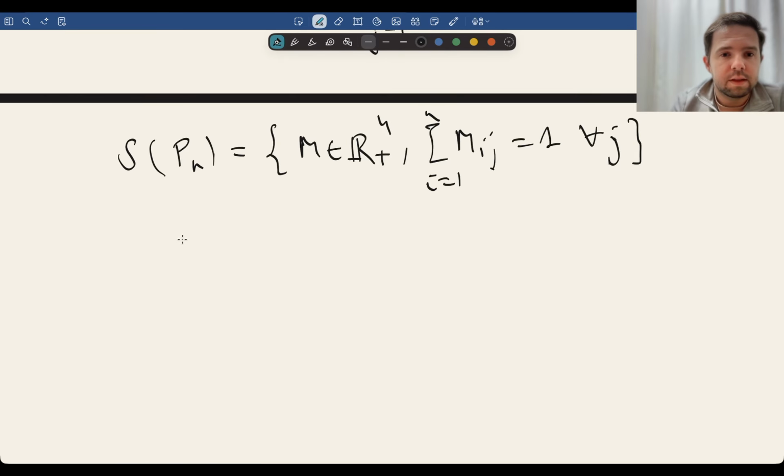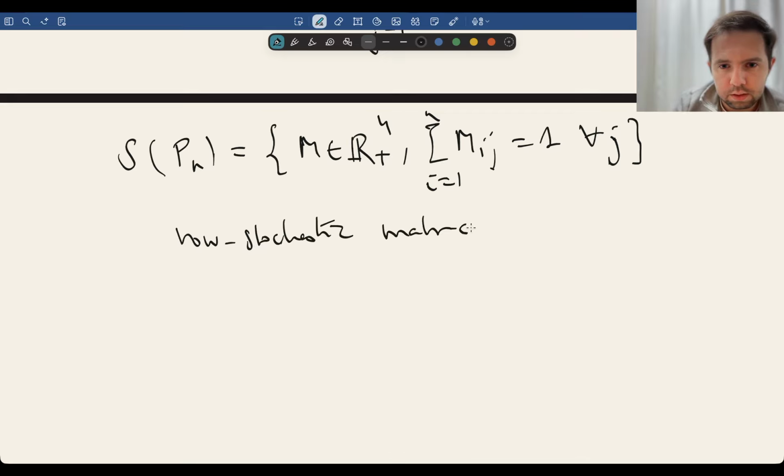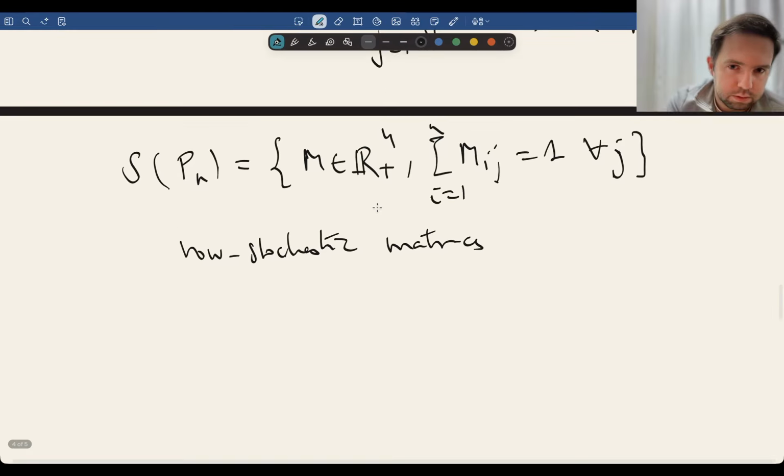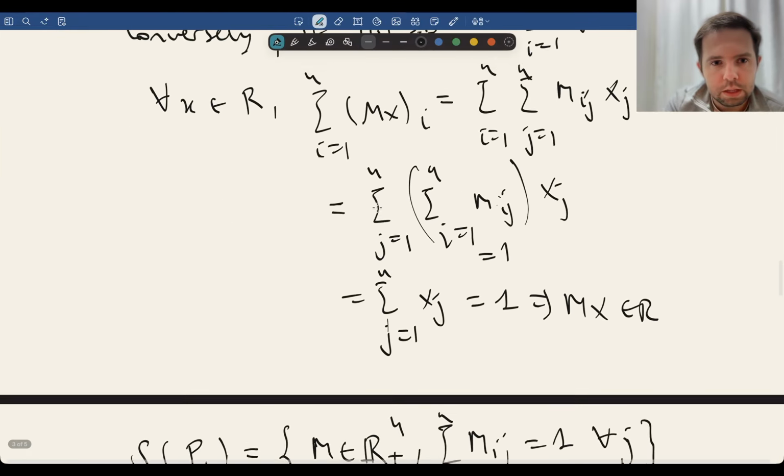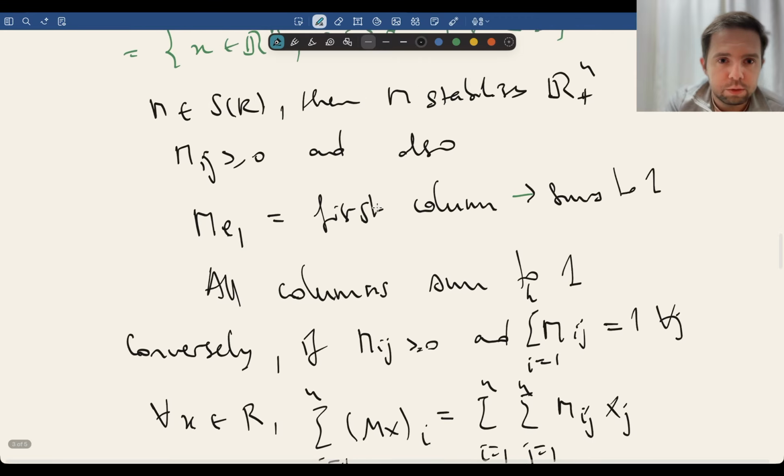These matrices are known as stochastic matrices, or more precisely, column-stochastic matrices. And they are important in the theory of Markov chains and of probabilities in general, because of their relation with probability distributions.